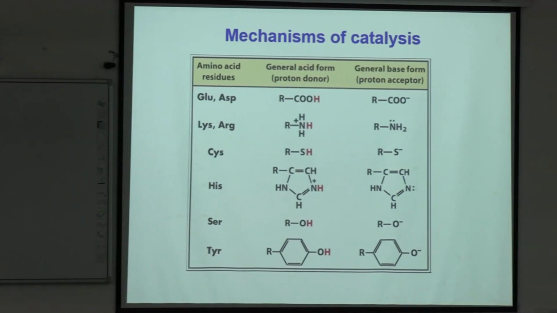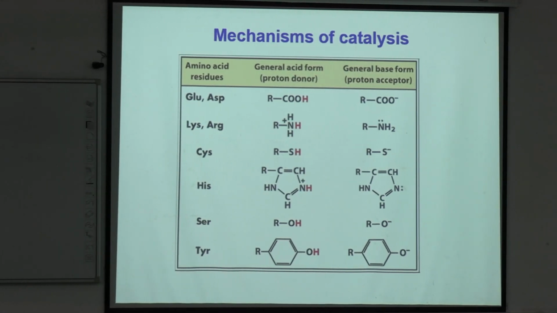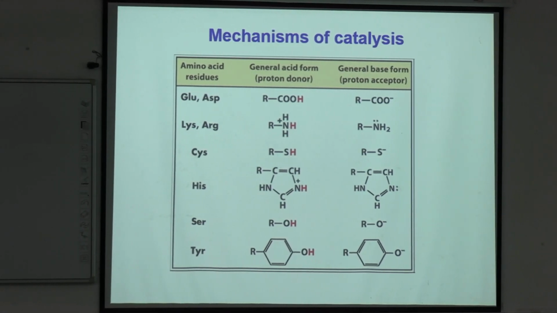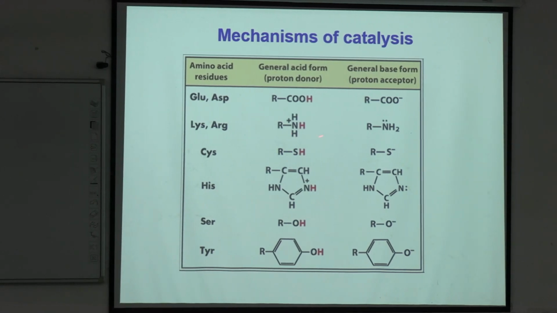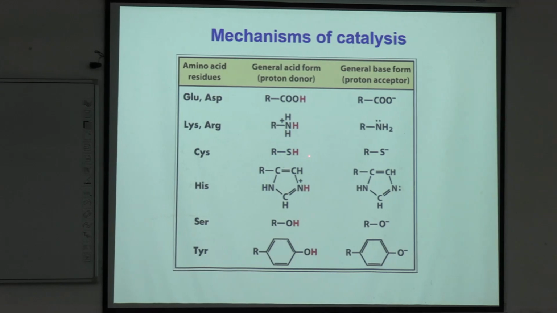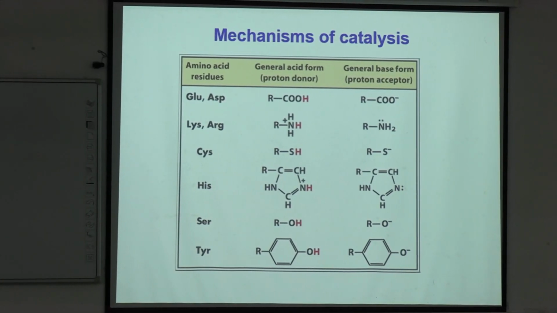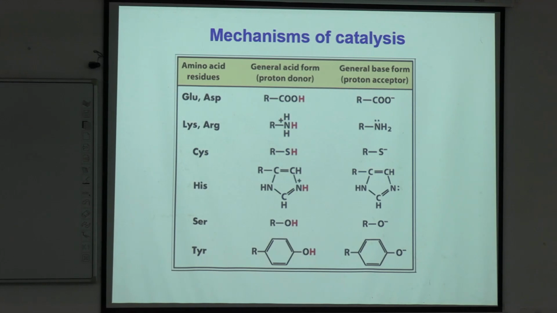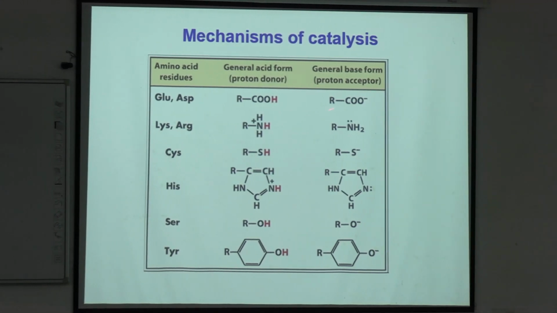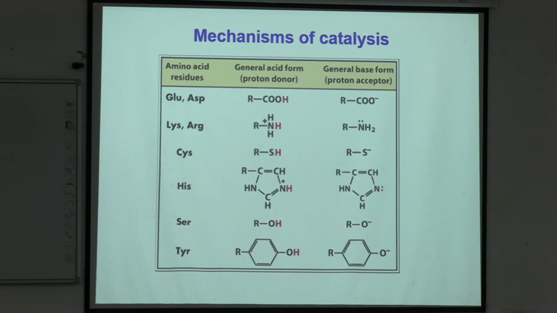Lysine and arginine, see the epsilon amino group will donate the H plus ion, so that will be the general acid. If they exist in this form with a lone pair, then it will accept an H plus ion, so it becomes a proton acceptor, the general base form.